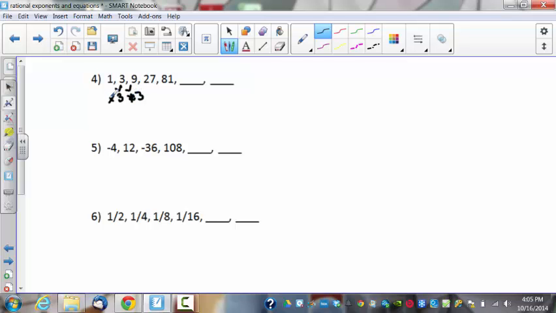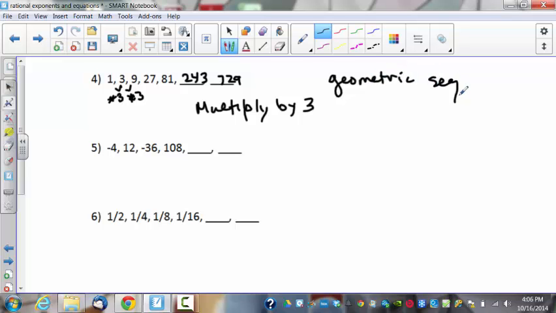So 81 times 3 is 243, and 243 times 3 is 729. So you're going to multiply the previous term by 3 to get the next term. And when you multiply by the same number, this is called a geometric sequence. So please write that down. This is called a geometric sequence.